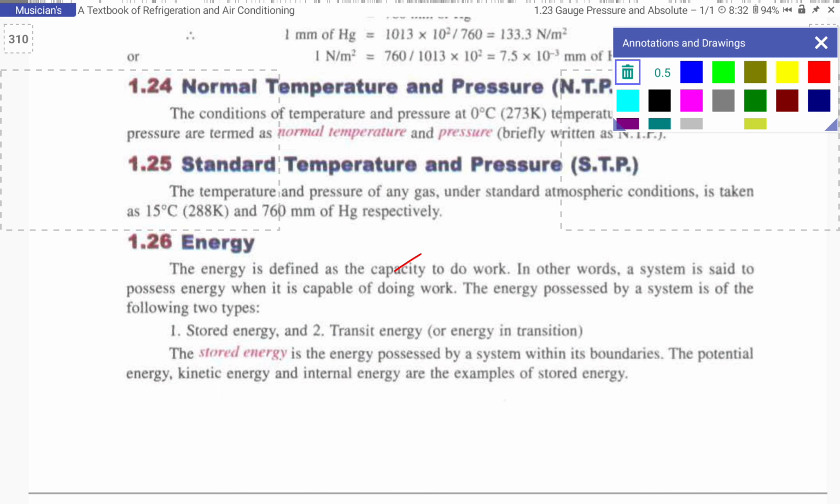In other words, a system is said to possess energy when it is capable of doing work, right?